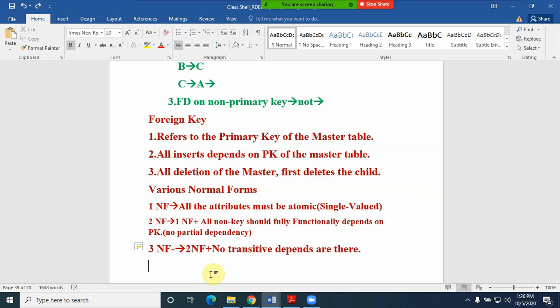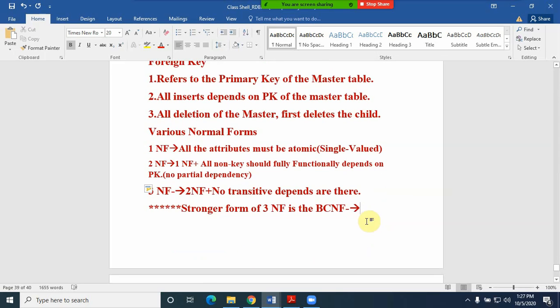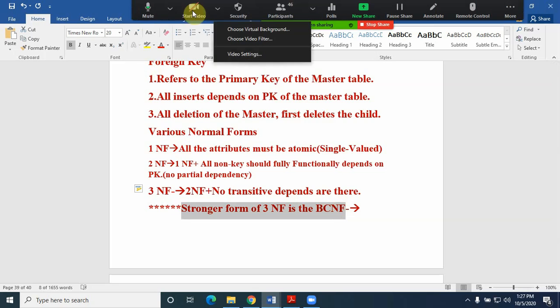Now what we are observing is the stronger form of 3NF. Don't feel that this is a separate normal form, friends. Important. It is not a separate normal form. The stronger form of 3NF is the Boyce-Codd Normal Form, BCNF. So BCNF is not a separate normal form.